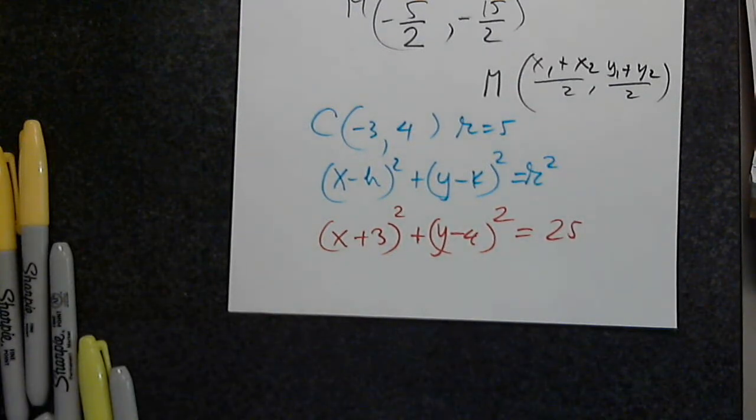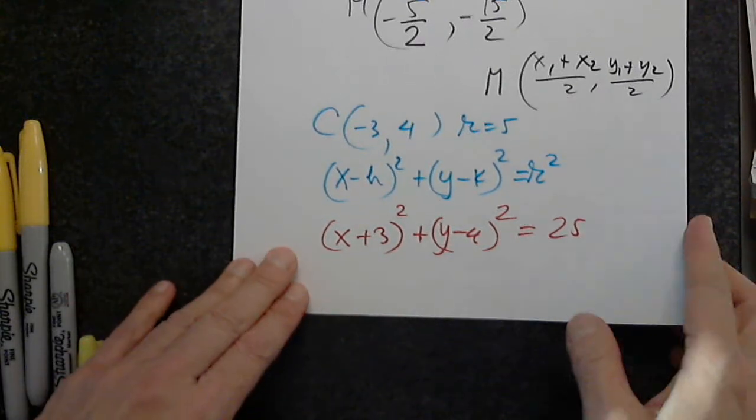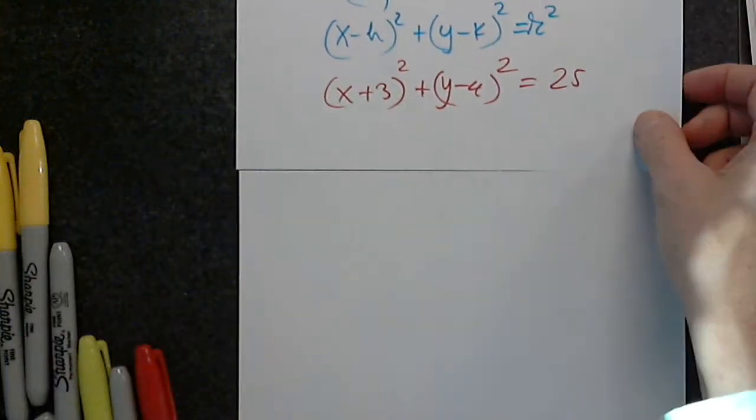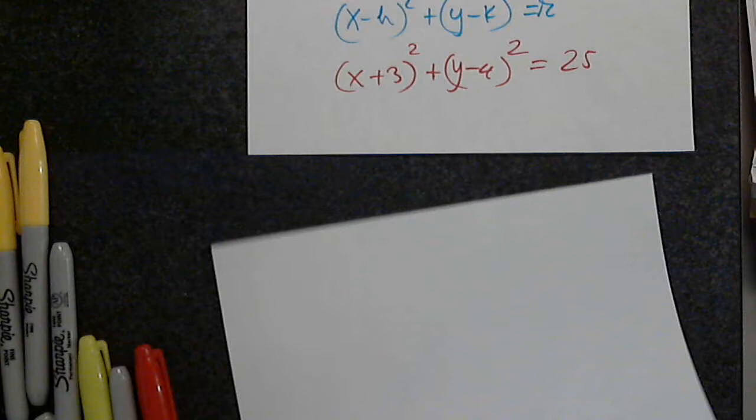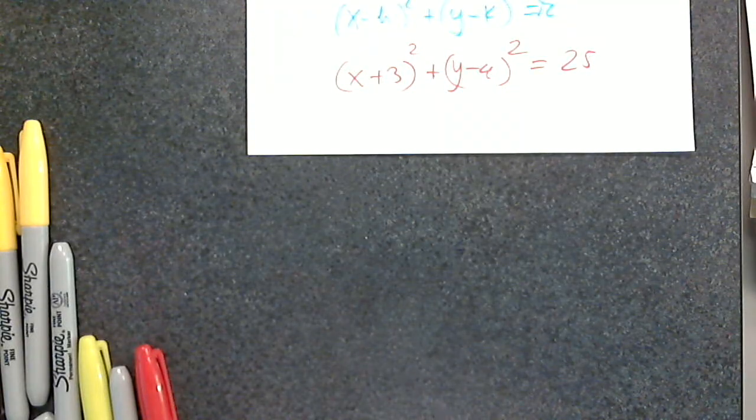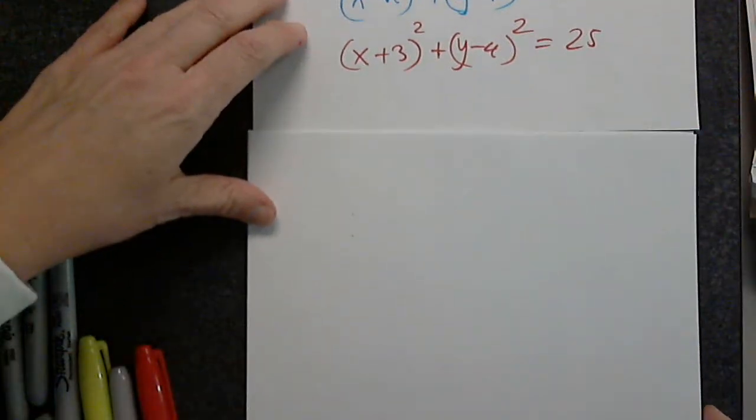Perfect. What if I'm asked to also graph this? How will I graph it? I will plot the center, and then I will create 4 points. How many units away from the center? Exactly 5. Awesome, well done.